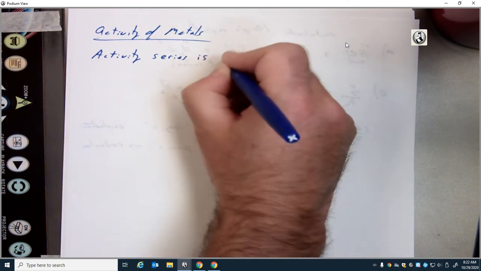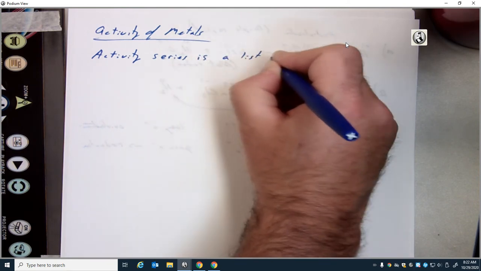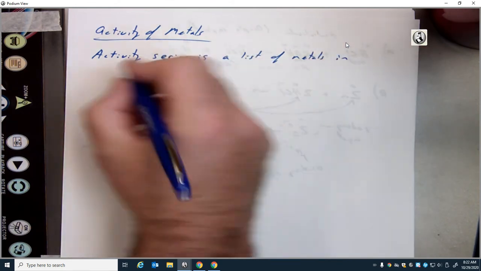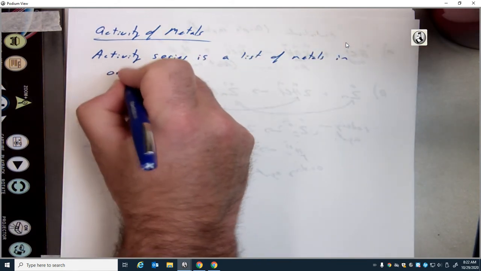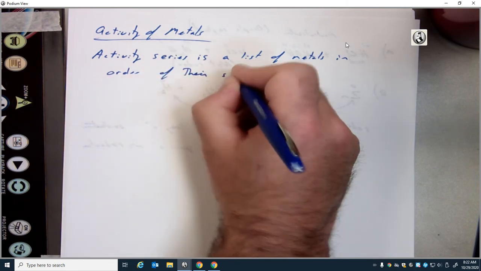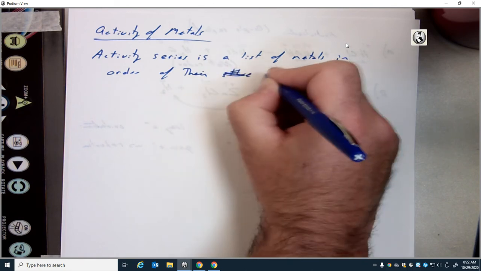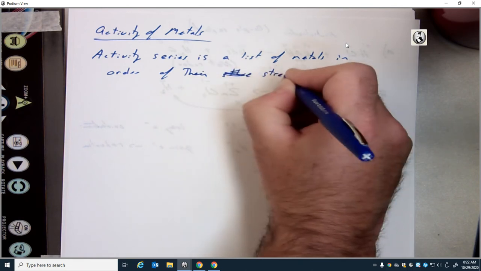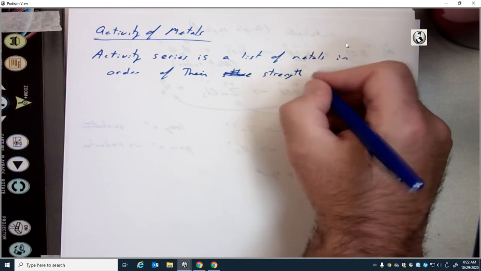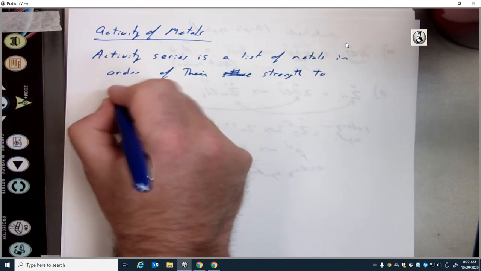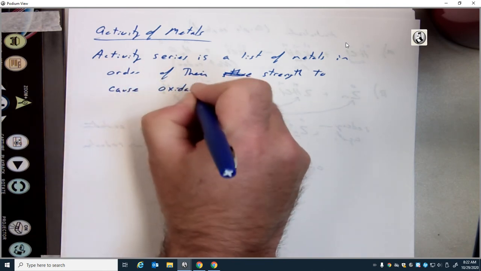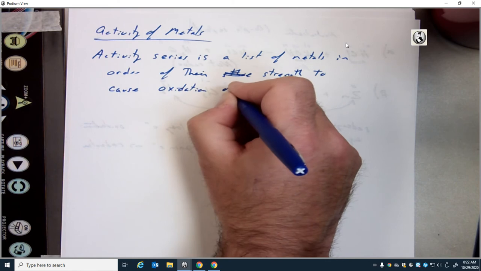And it is a list of metals in order of their strength to cause oxidation or reduction.